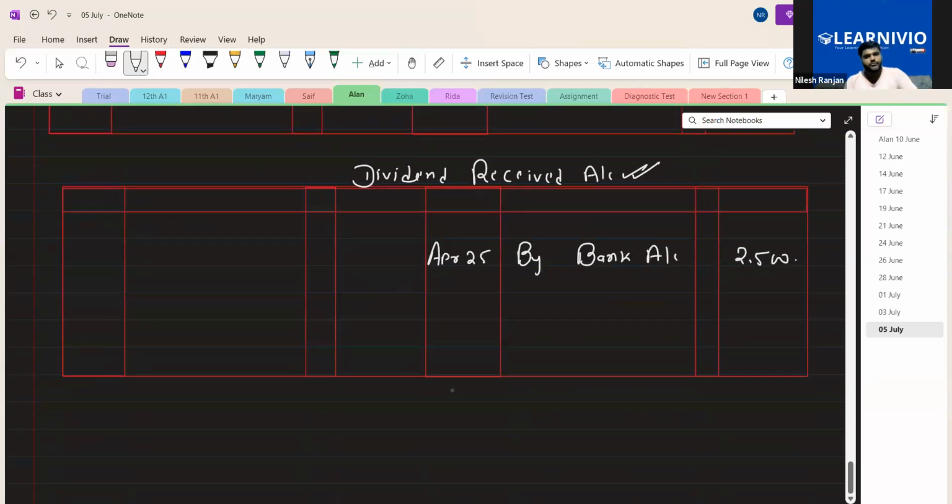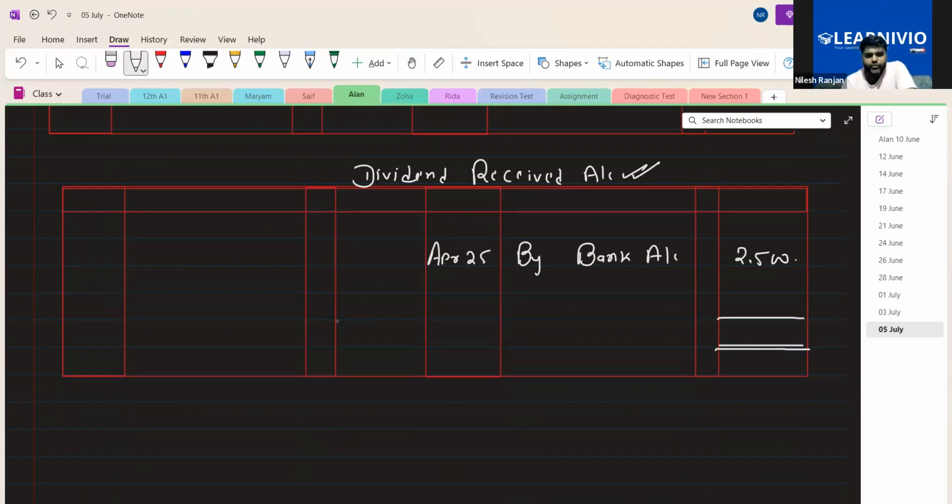Can you tell me what is the total of credit side? 2,500. And what is the total of debit side? It's nothing, zero. So which one is higher? 2,500, credit side. So this credit side total will be written on both sides.